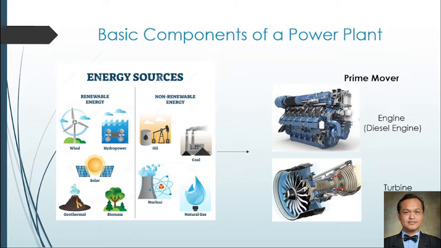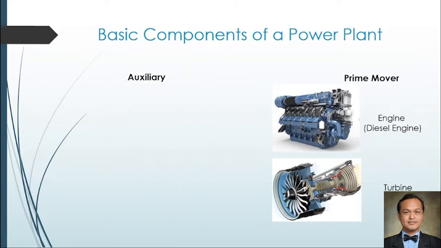Now, of course, the prime mover needs some other components in order for it to run smoothly, and that is what we call an auxiliary system, auxiliary machine, or simply auxiliary.